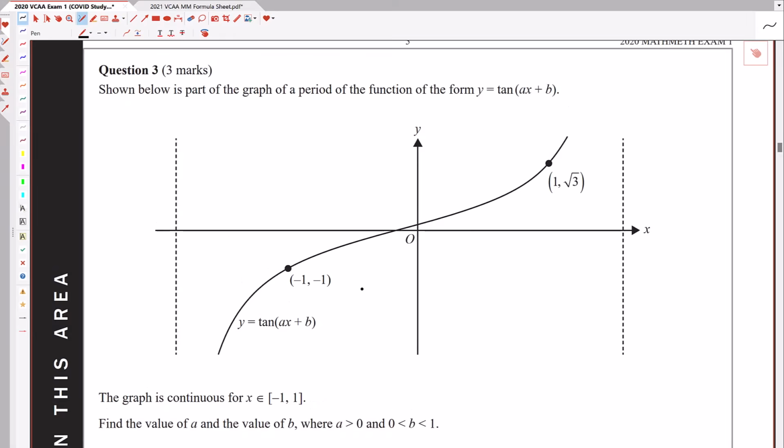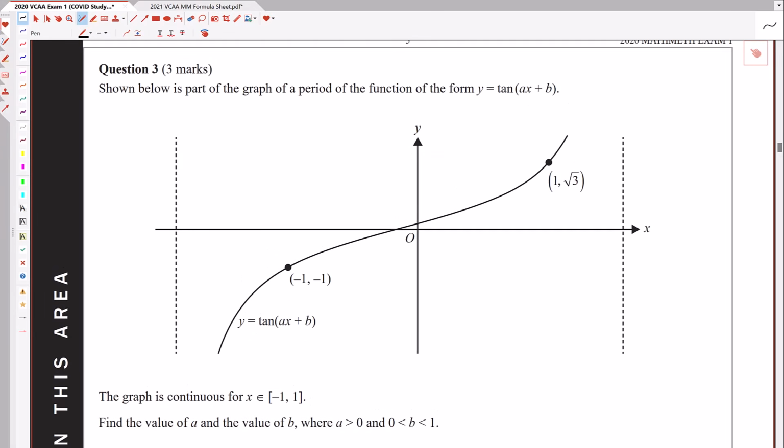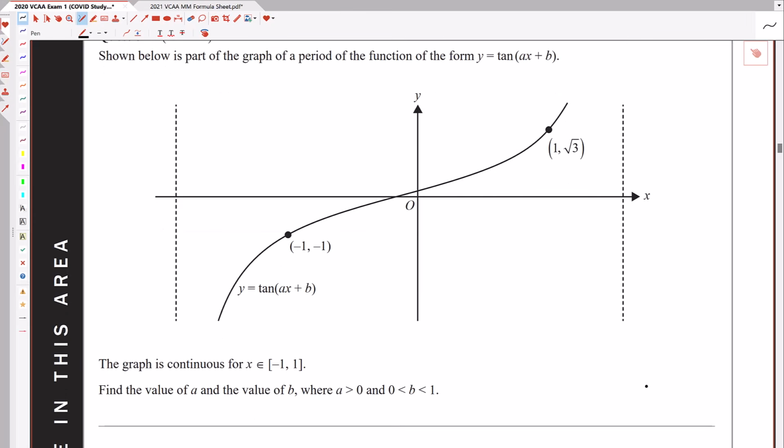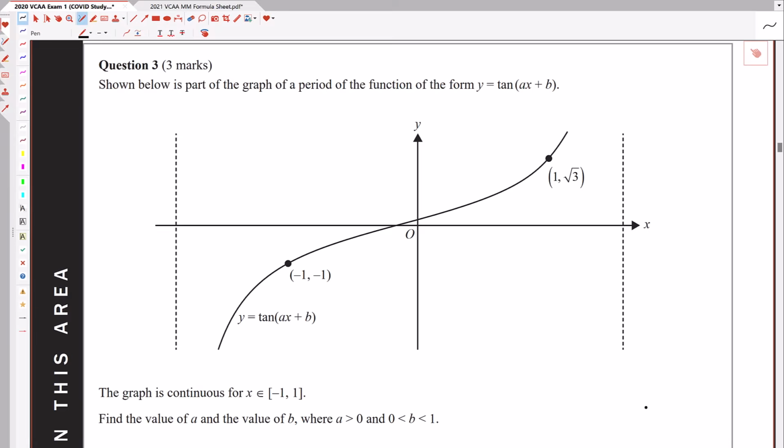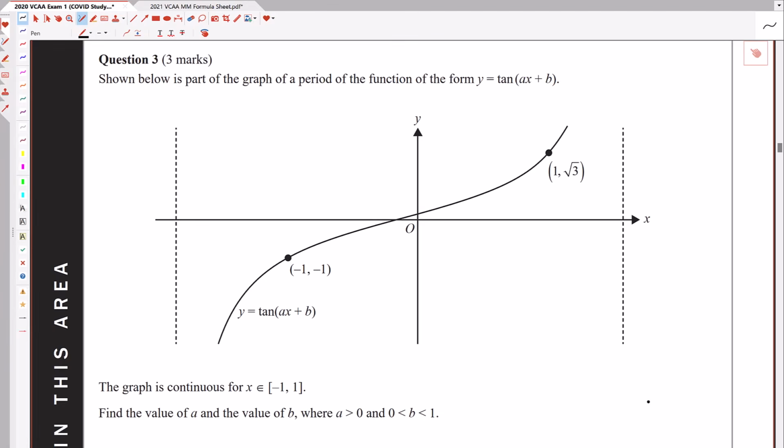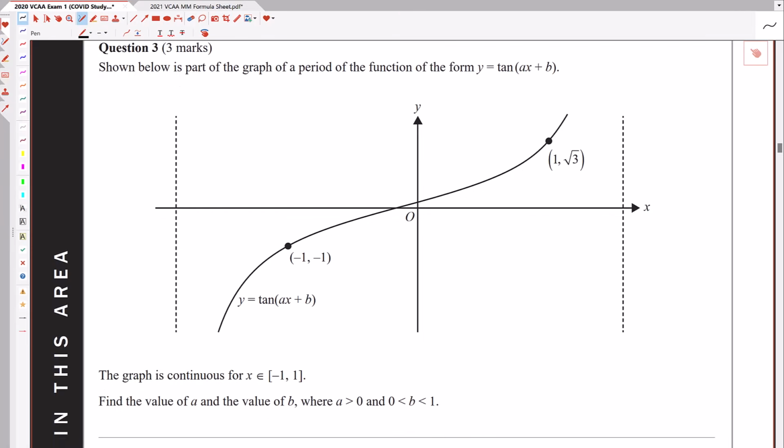Okay, question 3. Shown below is part of the graph of a period of the function of the form y equals tan(ax plus b). Okay, so we've got 2 points. We've got asymptotes, but they're not labelled with equations, so we can't be sure. We can see that there's a y dilation, so potentially a period change, and a horizontal translation.